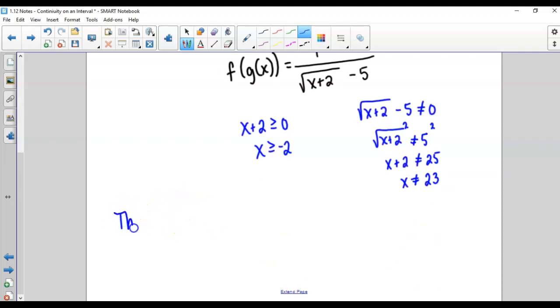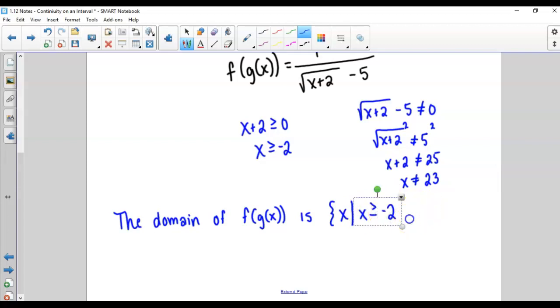We could say the domain of f of g of x is, I'm going to write it this way. Sometimes you'll see it written like this, x, and then you'll see a bar, and that means x such that x is greater than or equal to negative 2, and x does not equal 23.